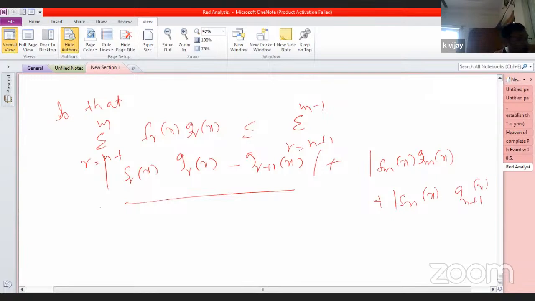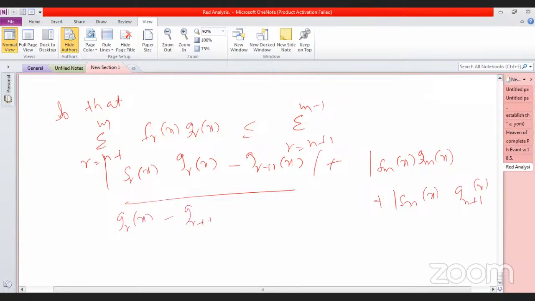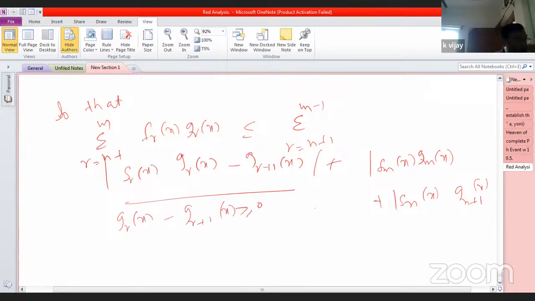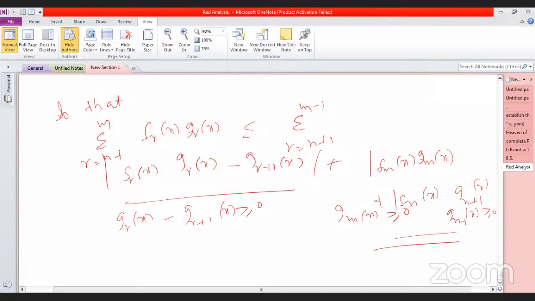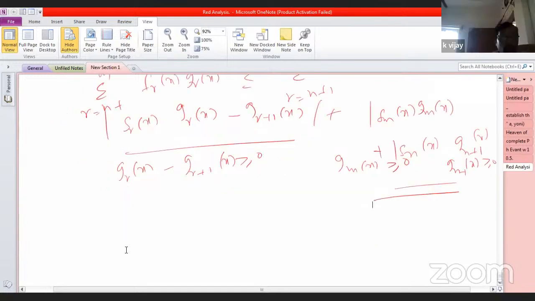So this value here, since grx minus gr plus 1x is greater than 0, here taking g of m of x greater than 0 and g of n plus 1x greater than 0 here. So therefore m minus 1, r is equal to n plus 1. Again I am writing the rx and the gr plus 1x.